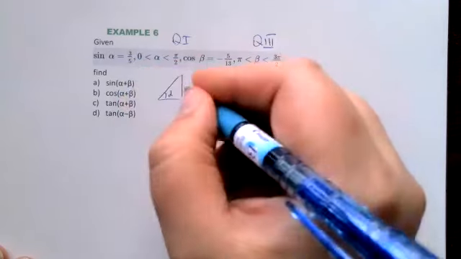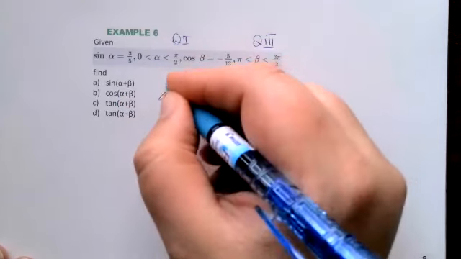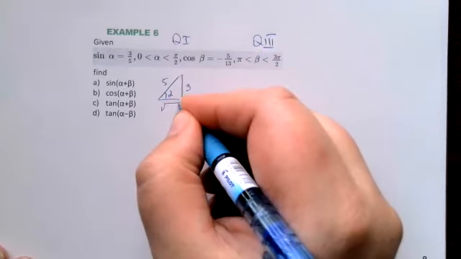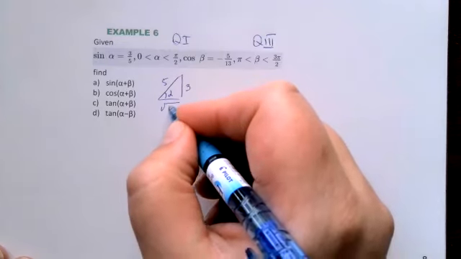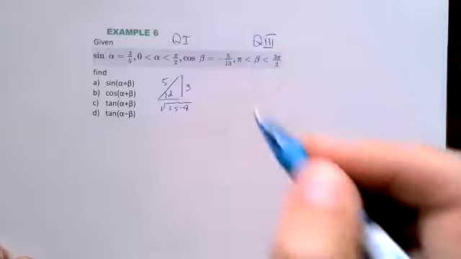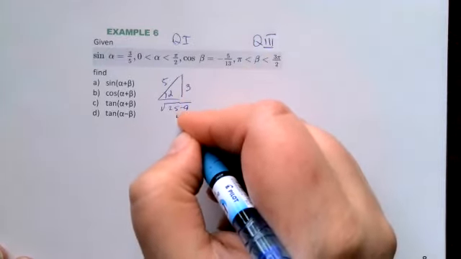The sine is 3/5. That means that the opposite side is 3 and the hypotenuse is 5. So this side is going to be the square root of 25 minus 9, which is the square root of 16, which is 4.